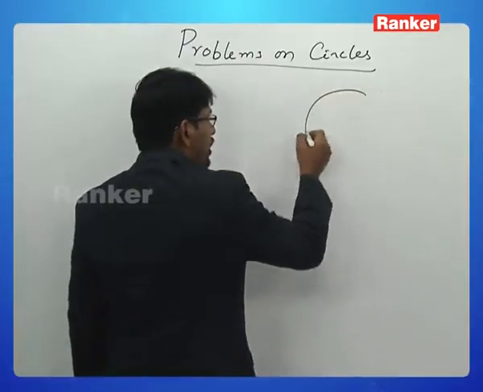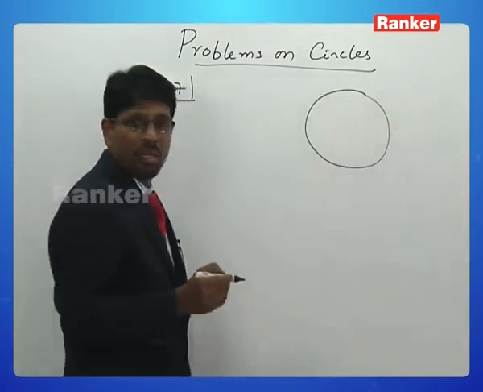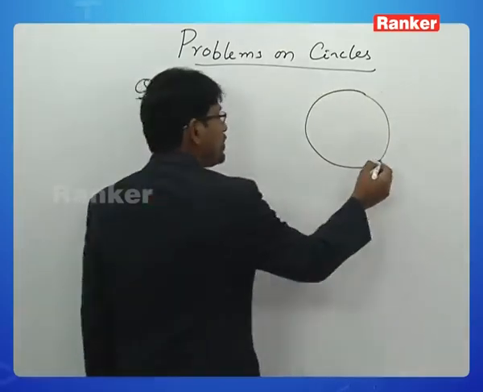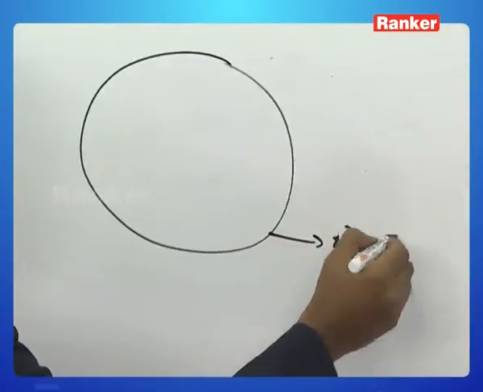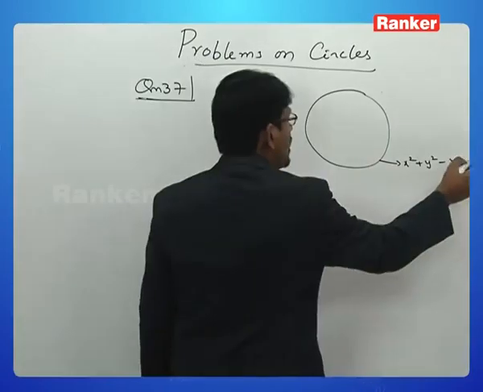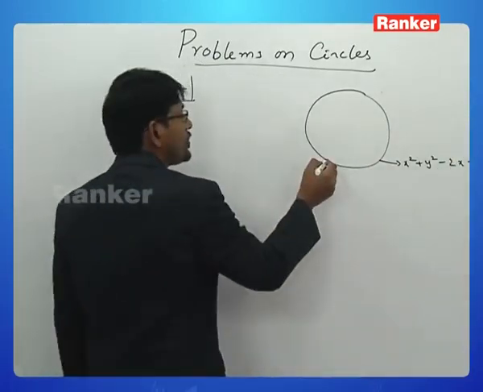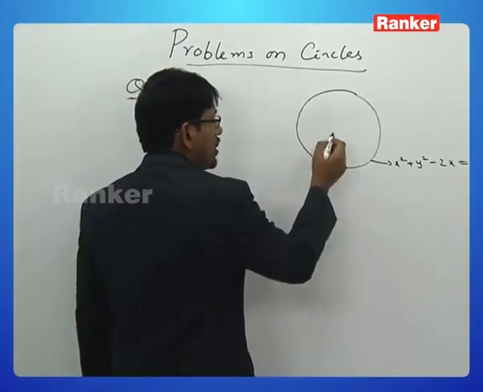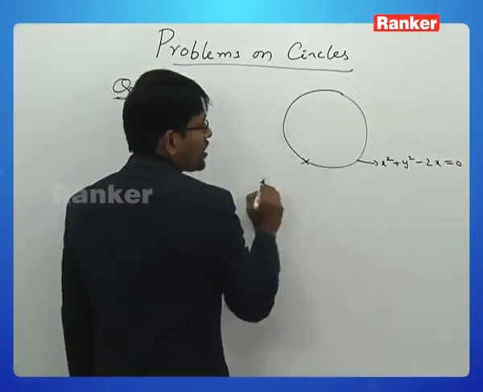There is a circle x square plus y square minus 2x equal to 0. It's clearly passing through origin, and the center is 1 comma 0.